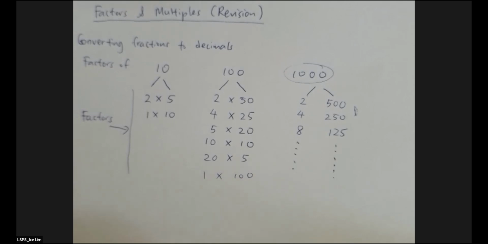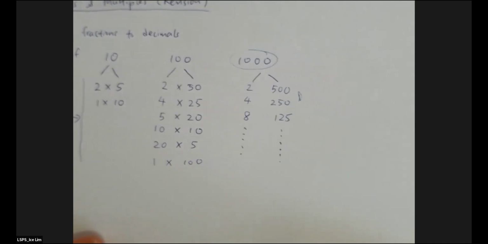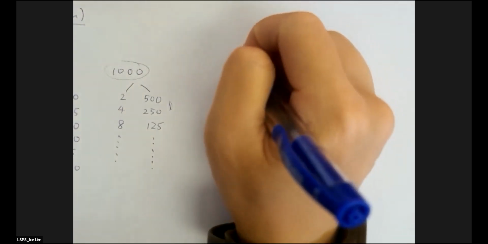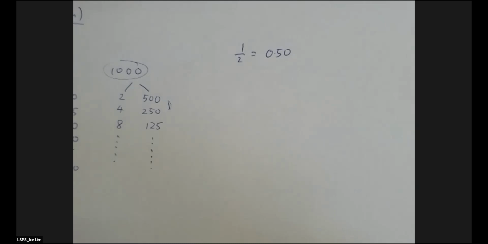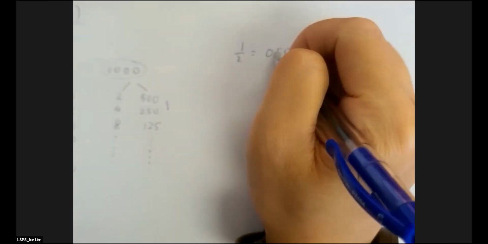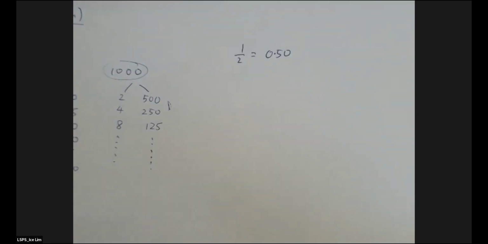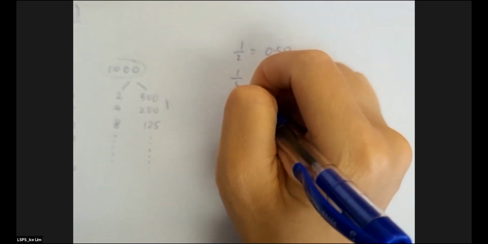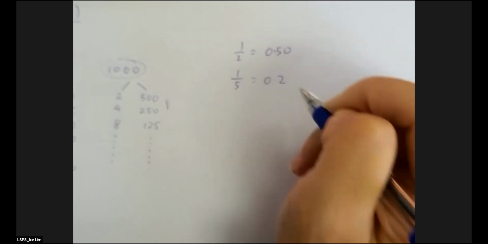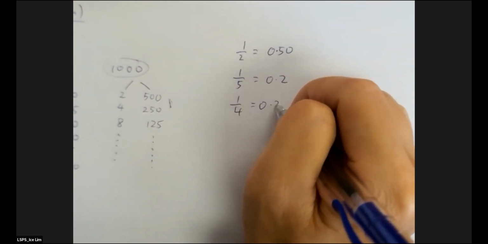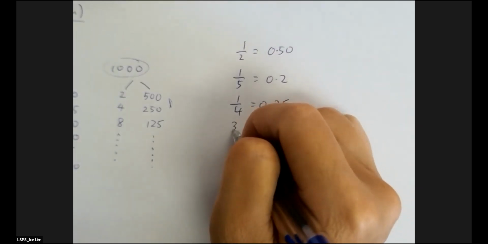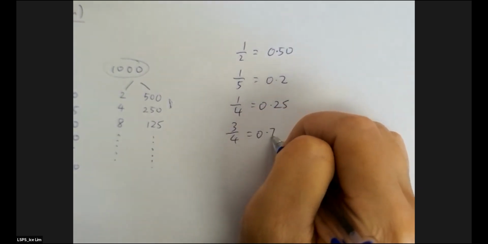So we talk about some of the common fractions that we want to memorize. Half is 0.5, like 50 cents. And like Hunter said yesterday, a fifth is 0.2, like 20 cents. A quarter is 0.25. 3/4 is 0.75.